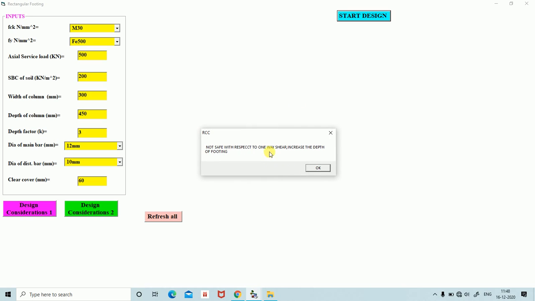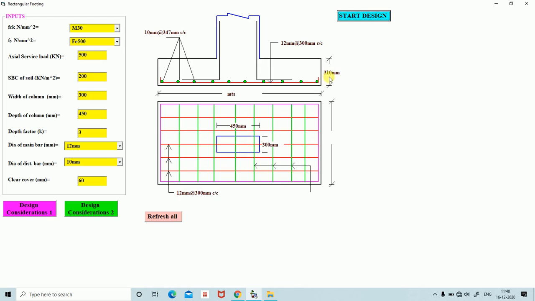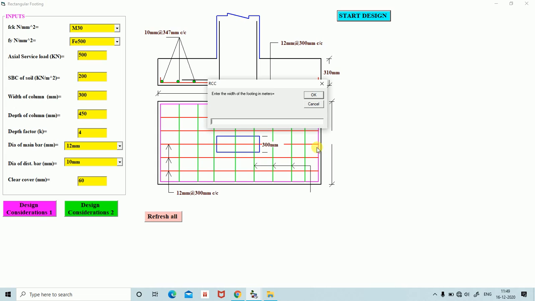Not safe with respect to one-way shear, increase the depth of the footing. Again we have to increase the depth factor. We can take 4. Then again click on start design, 2.75, and enter 1.5, 1.4. Okay, just click.